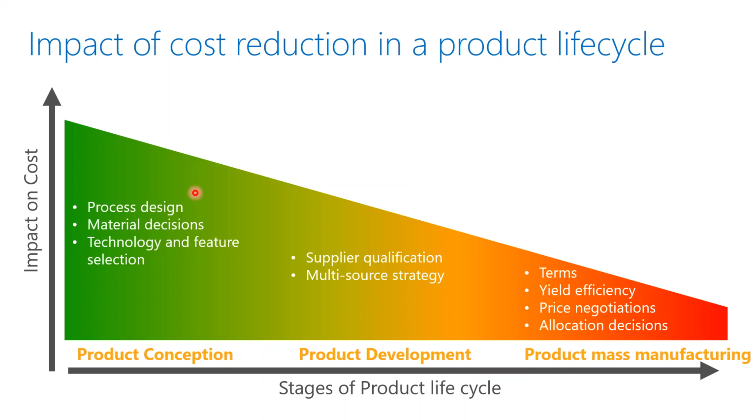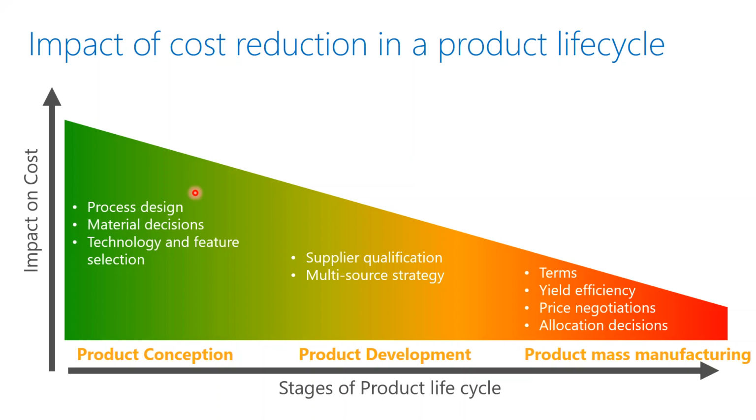For example, if you are manufacturing a mechanical component, would you like to use steel, which grade of steel you are going to use. In the process design, what kind of manufacturing process it would be. Then technology and feature selection, for example, if you are making an electronic component, what kind of chipsets you will use, what kind of features, what kind of memory you will use in the product.